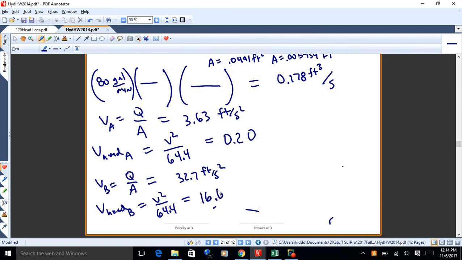That's 16.60 feet. So you just want to get all that stuff figured out, and then you can put it into a table.